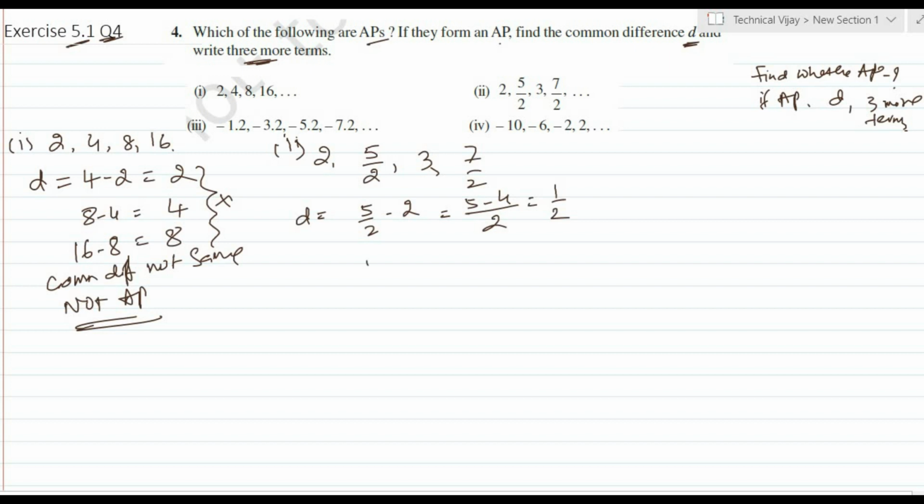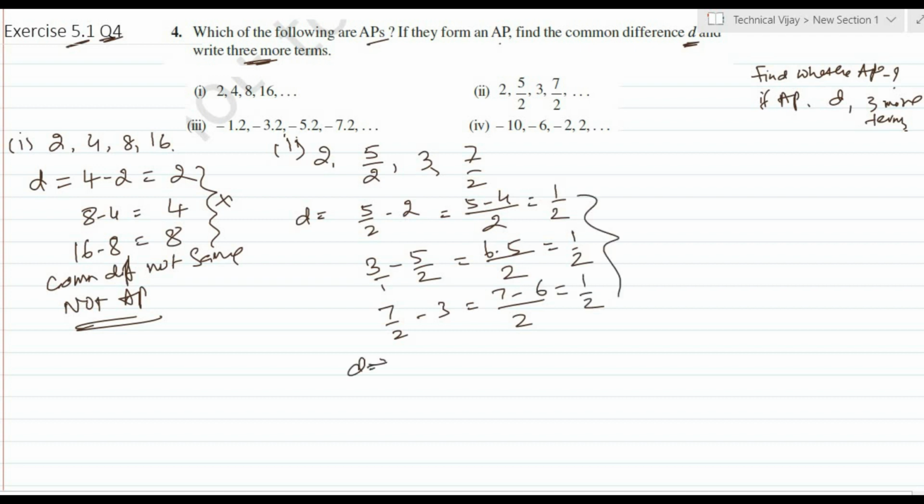Next, 3 minus 5 by 2, which is 6 minus 5 over 2, equal to 1 by 2. Now 7 by 2 minus 3 is 7 minus 6 over 2, equal to 1 by 2. So here the common difference is the same, hence it is in AP.